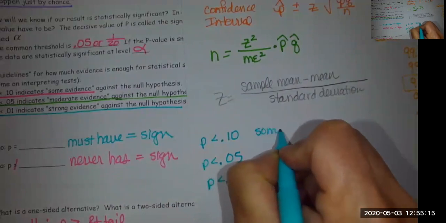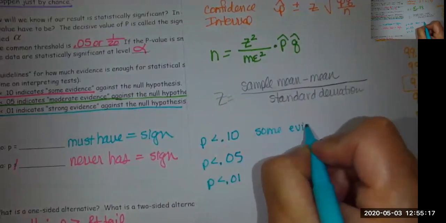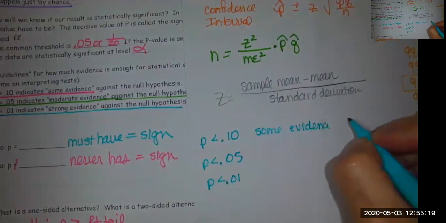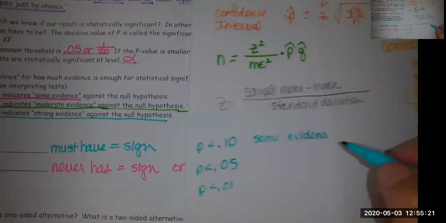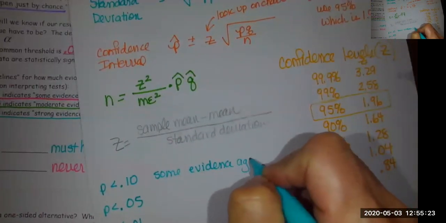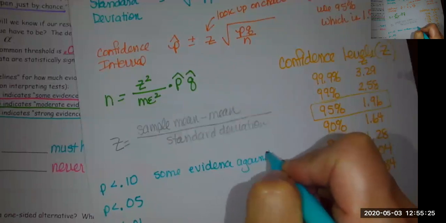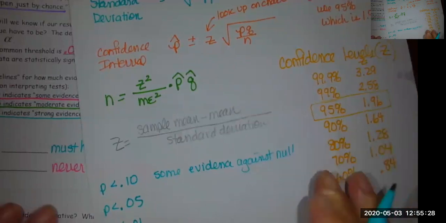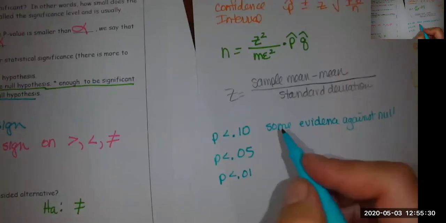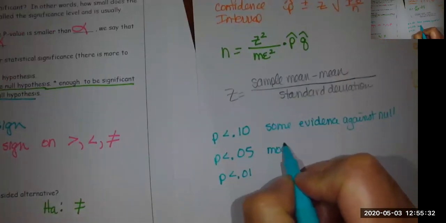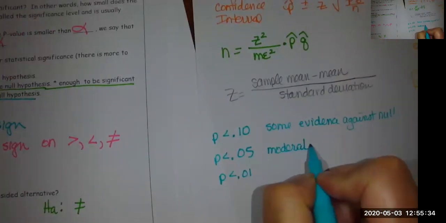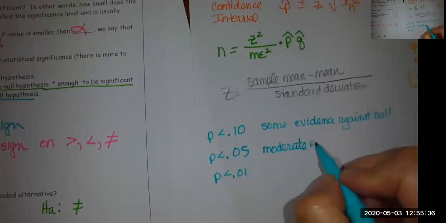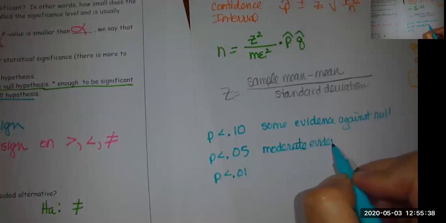Some evidence against the null, but not enough to start really rejecting. This is moderate. And this must be important if it's typed and I'm writing it down anyway.